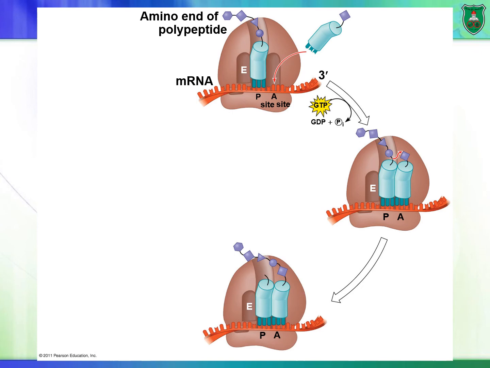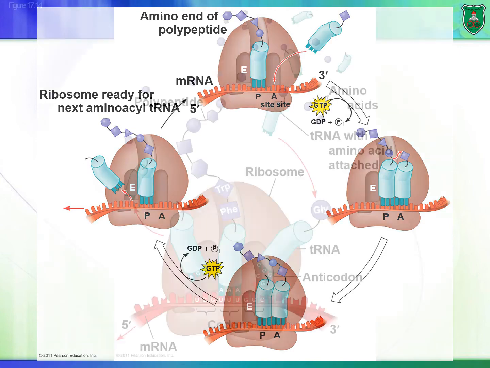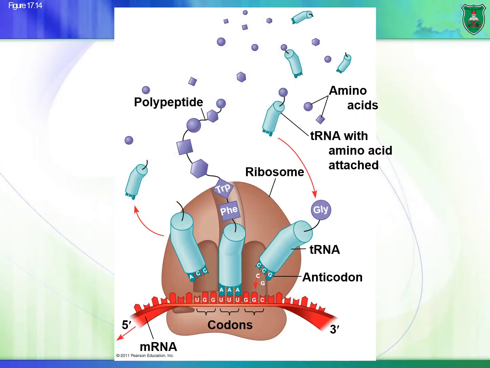Peptide bond formation, and notice the empty tRNA molecule right here, and then you have translocation of the ribosome as a whole, movement of the empty tRNA into the E chamber, then it leaves. Now this tRNA is sitting in the P chamber. This is empty, allowing for entry of another tRNA molecule. Okay, so it goes on and on and on like that.